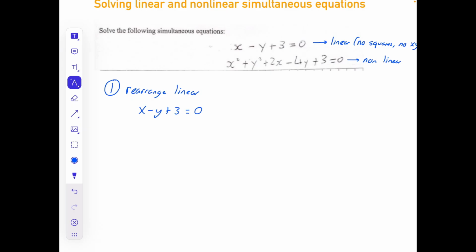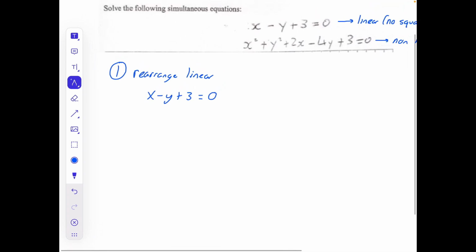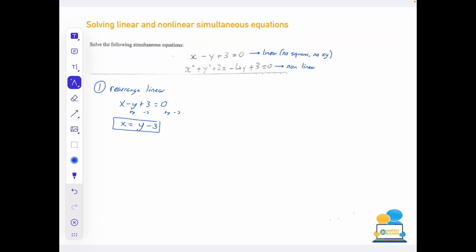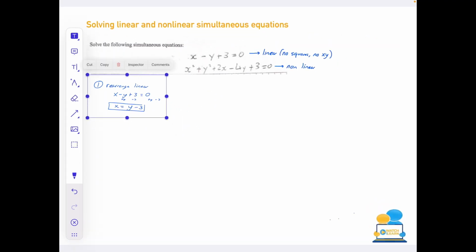You would have probably done this when looking at manipulation of formulae for Junior Cert, or you would also be doing that in algebra for Leaving Cert. So I want x on its own. I'm going to plus y and minus 3 to both sides. So that is rearranged to be x is equal to y minus 3. I rearranged it to get either x or y on its own. I just went for x. That is your step 1.